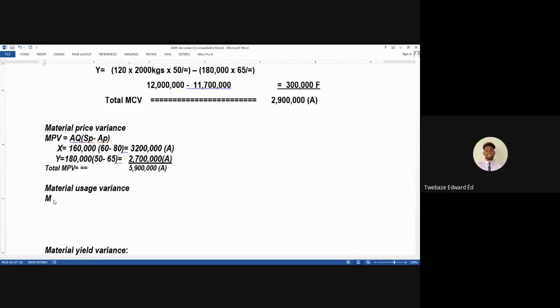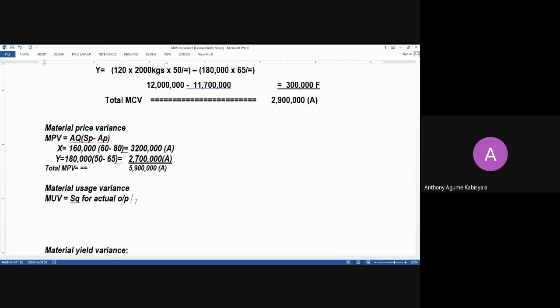Standard quantity for actual output minus actual price, times standard price.